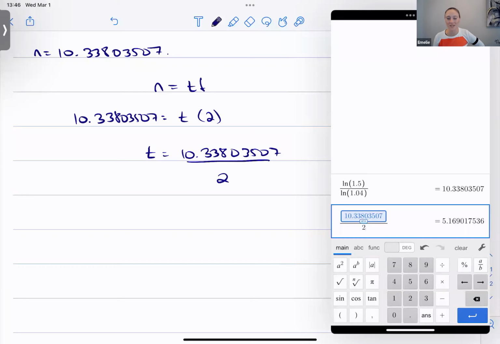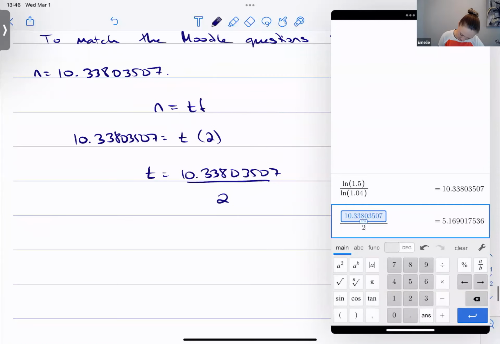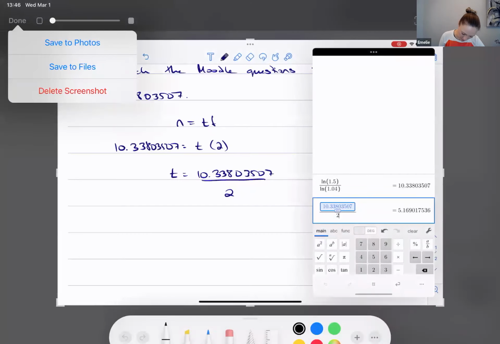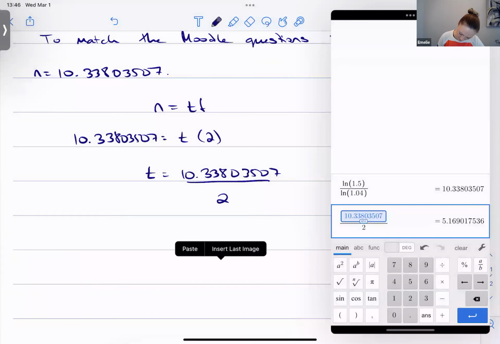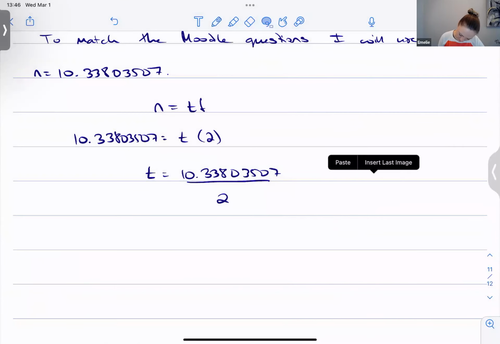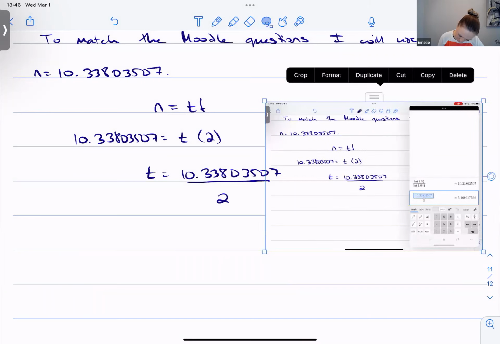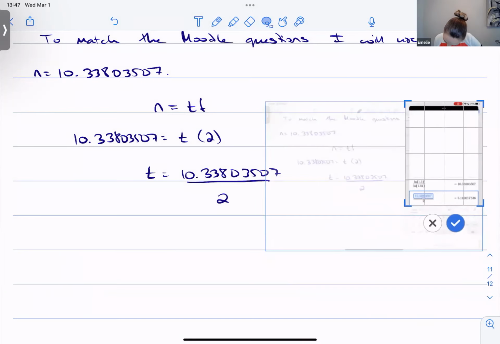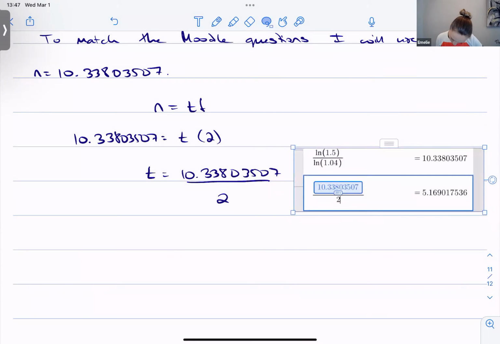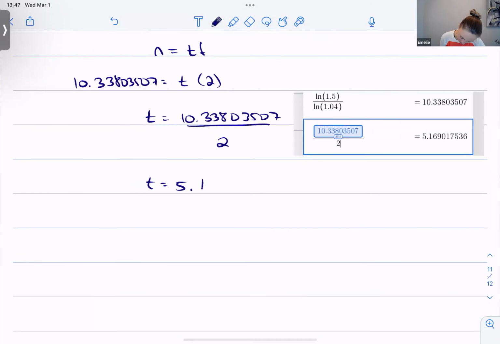You could take the 0.169 and multiply it by 365 for days, but usually it just wants it as a decimal anyways. So t is 5.169 years.